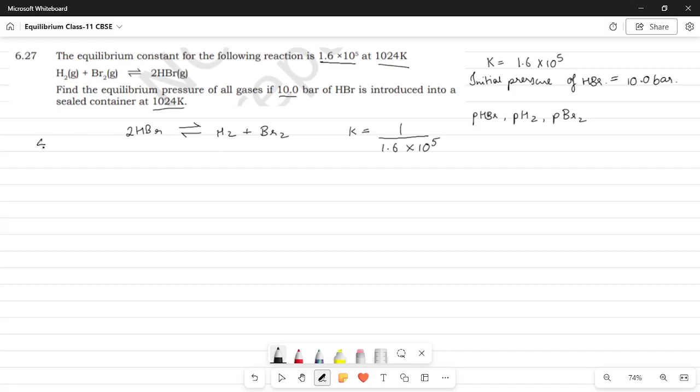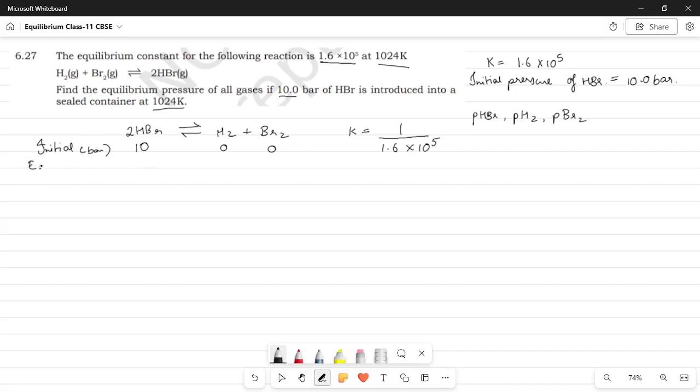So the first thing we're going to do is write down the pressures. At the initial point of this reaction, you have 10 as the pressure of HBr, right? And H2 and Br2 would be equal to 0. I know I've gotten too used to saying O2 after H2.